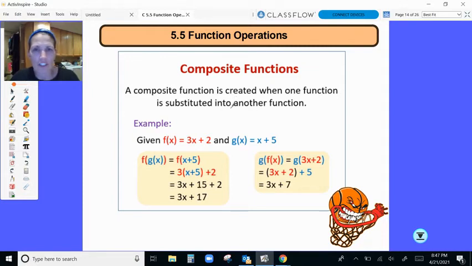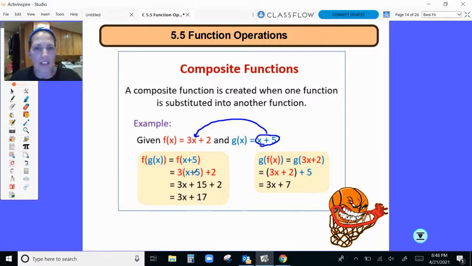A composite function is created when one function is substituted into another one. Example: we have this red function, f of x is 3x plus 2, and g of x equals x plus 5. If we're going to do f of g of x, that means that g of x is going to go inside of f of x. We take this blue function part, g of x, and substitute it wherever we find an x in f of x.